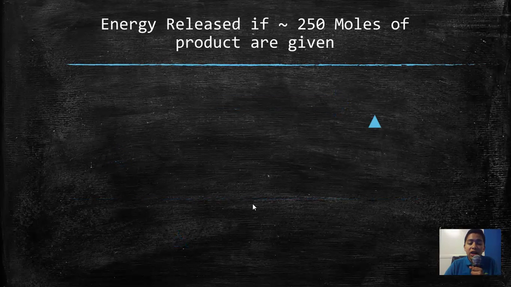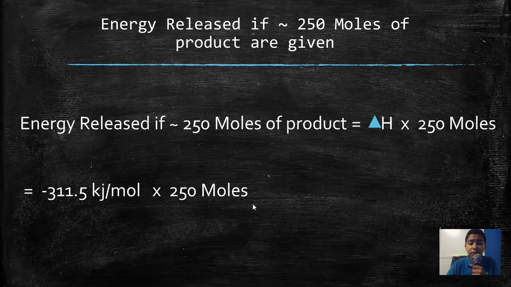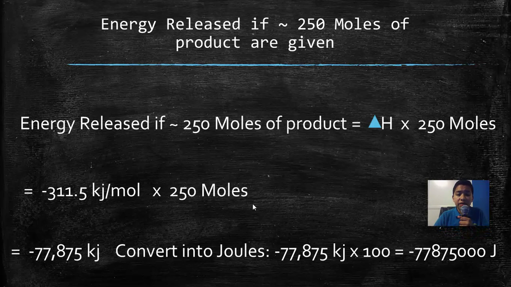So now, let's find the energy released if 250 moles of product are given. You can find that by multiplying the change in enthalpy by 250 moles. Our change in enthalpy resulted in negative 311.5 kilojoules per mole. And since the formula is to multiply that times 250, when we do that, we end up with negative 77,875 kilojoules, because the units of moles end up canceling out when you multiply them.